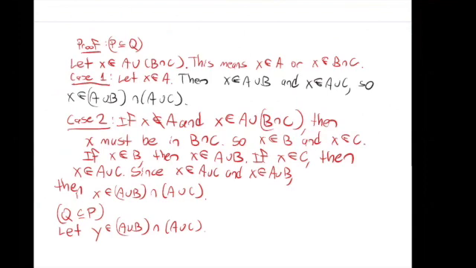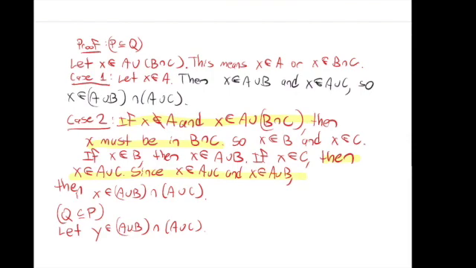And this might give you some idea of how much detail you need. With these sets, you really don't want to make the reader make the logical jump themselves. To go from a line like this to say that X is in B intersect C, and then to jump right down to this, I think would be a bit much.